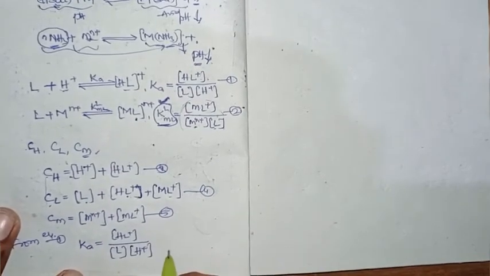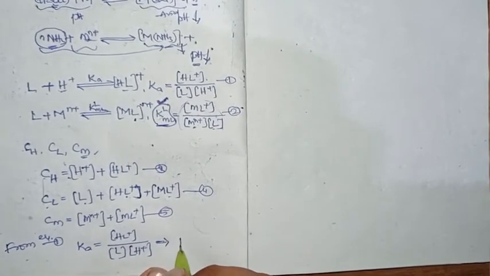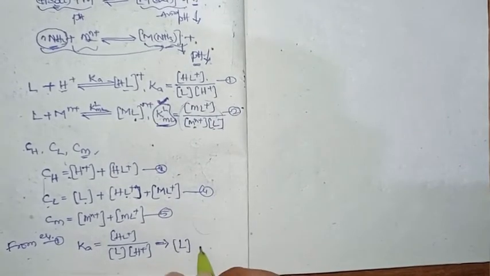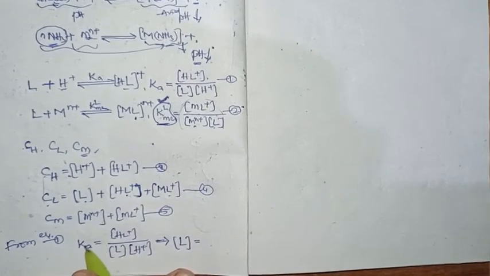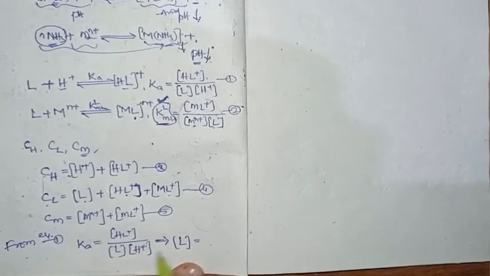Here I will convert this particular equation into an equation for ligand concentration. The association constant equation we have written will be converted into the remain ligand concentration equation.